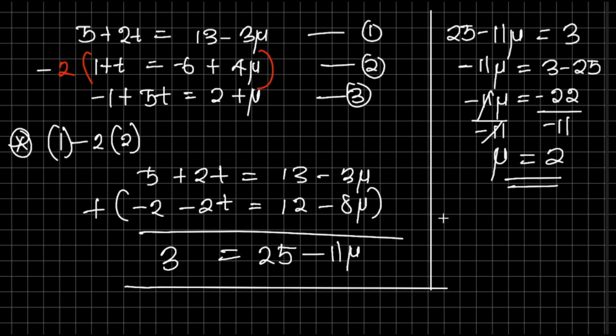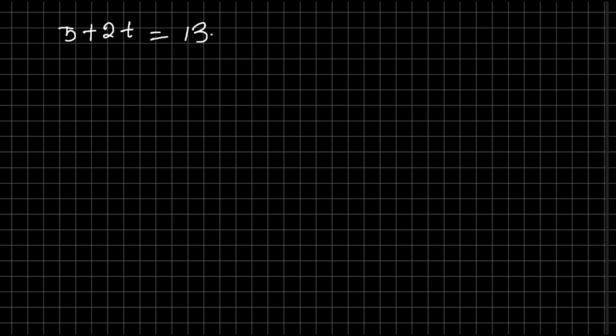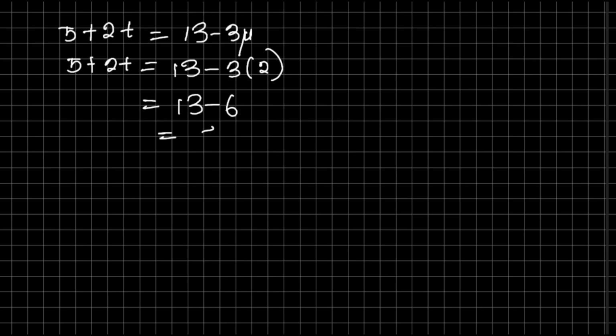And then we can use any of the equations to find t. So let's use the first equation. 5 plus 2t equal to 13 minus 3 mu, so 5 plus 2t equals 13 minus 3 times 2, which is 13 minus 6, which is 7.